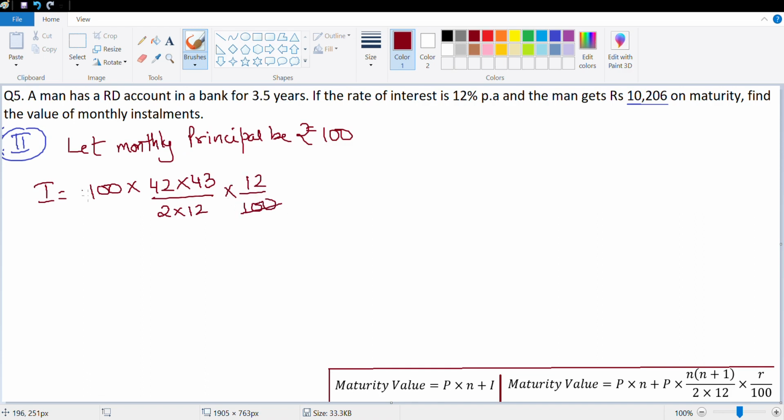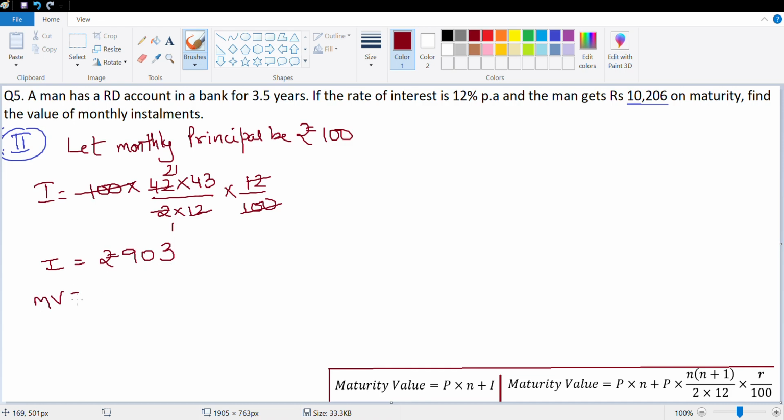So 100 and 100 get cancelled, 12 and 12 get cancelled. This is 21, this is 2, 21. Therefore, interest is equal to, we did this calculation in our previous method, 43 into 21, rupees 903.